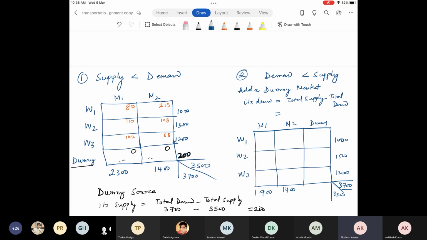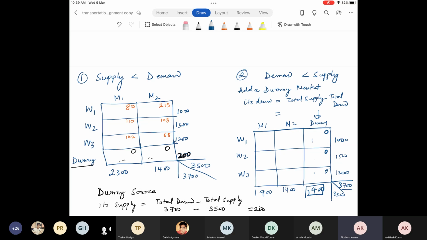Now, when there is no dummy row or dummy column, I do not know at which warehouse I will keep this 400. So we'll add a dummy demand column and put a cost equal to 0 so that the remaining 400 gets allocated somewhere over here. And we know how much extra supply you have at each warehouse, and you need to keep it.